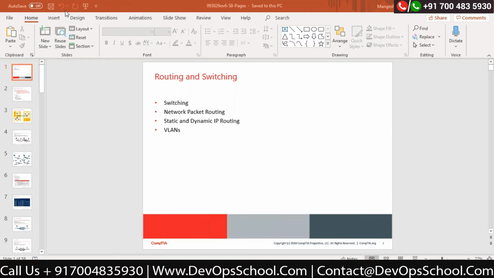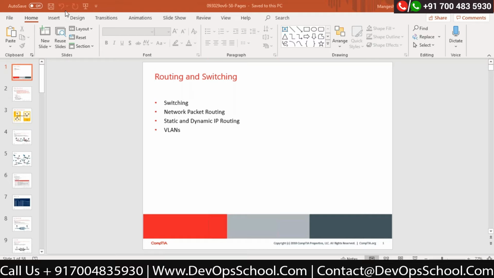But before you jump into actual practical knowledge about routing and switching in a deep dive, in CompTIA Network Plus, they will give you the idea of exactly what the routing and switching techniques are. This is just a basic overview they are giving you about routing and switching. In CCNA, we will go for a deep dive into this particular topic.